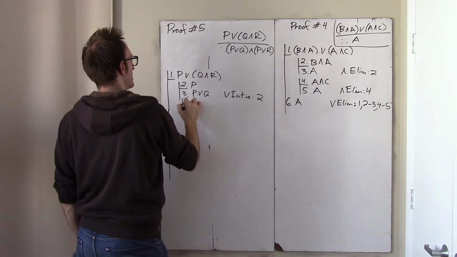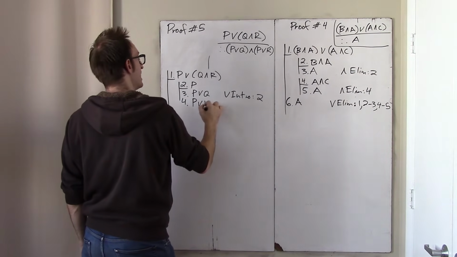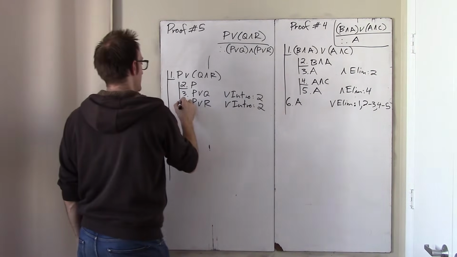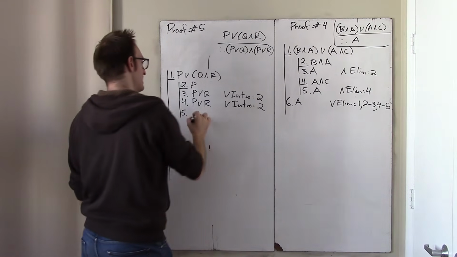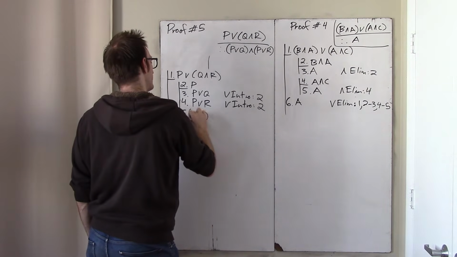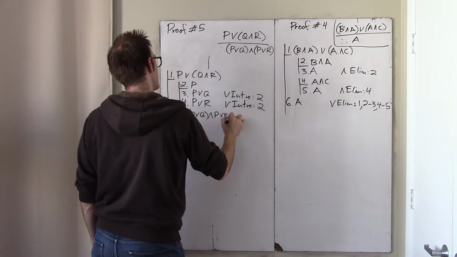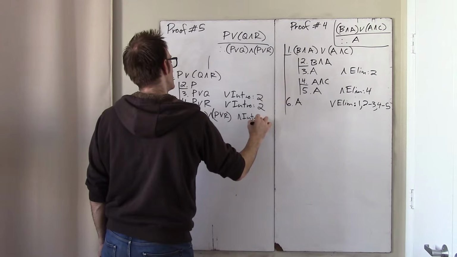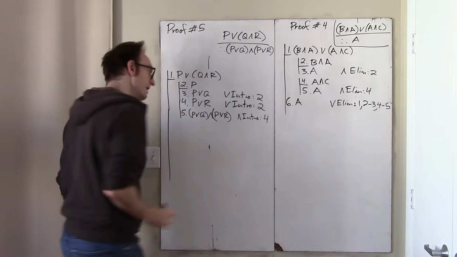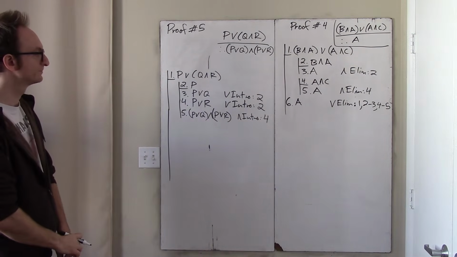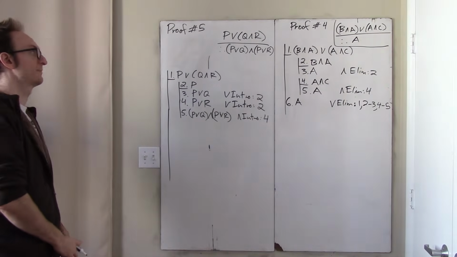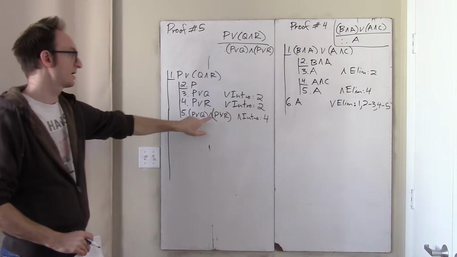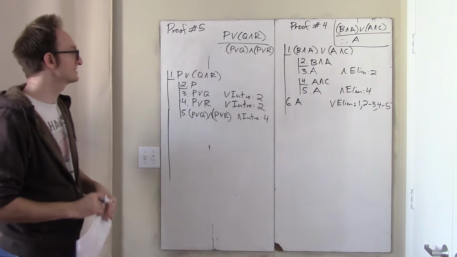I can then or on R, and that's also or intro 2, and then I get P or Q and P or R, reason and intro 4, and that's what I wanted. So I showed that my left disjunct P does in fact imply this, which just makes complete sense if you think about it.